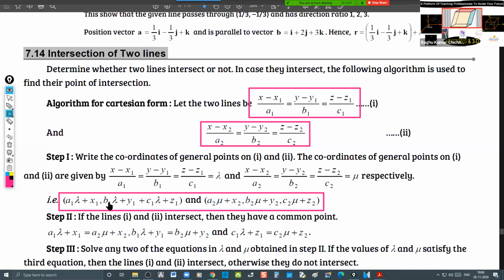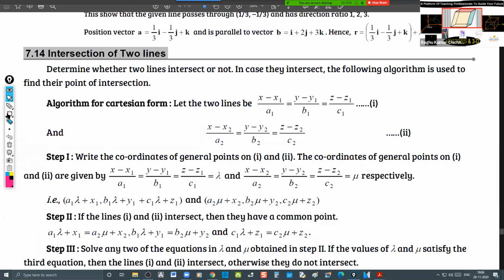By equating these two, you'll get three equations in lambda and mu. This is one equation, this is the second equation, this is the third equation. To get the values of lambda and mu, we require only two equations. So we solve those two equations. Then what is the third equation for? If you substitute the values in the third equation, it must be satisfied. That's what you have to understand.